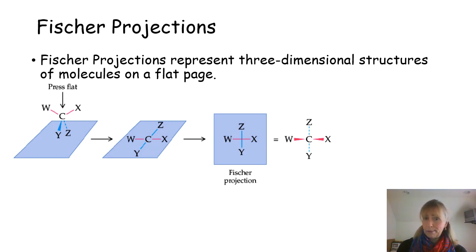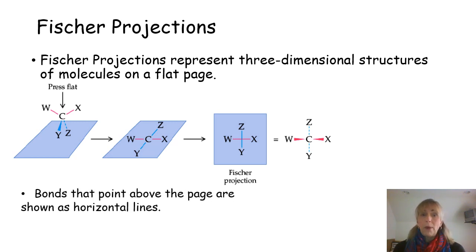It's telling you that Z is going behind the plane of the paper, or in our case, the screen, and Y is going towards the back, behind the plane of the screen, and our X and our W are sticking out at us, right in our face. C, our carbon, is in the plane of the screen. So the Z and the Y are always behind, and our W and our X are coming out at us, poking out at us. This is our Fischer projection.